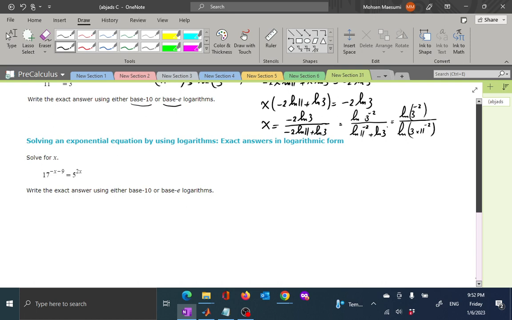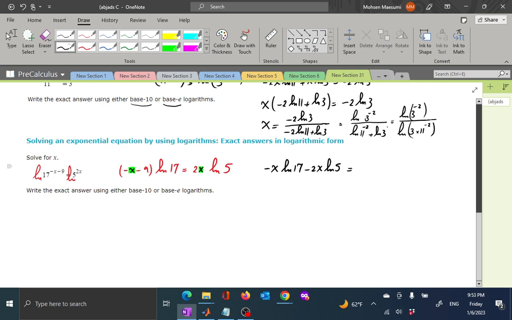How about here? Same idea. Just apply logarithm. It doesn't matter, logarithm base 10 or base e. We'll have minus x minus 9. So we'll be taking logarithm of both sides. So minus x minus 9 logarithm of 17 is equal to 2x logarithm of 5. Same idea again, focus on x's. Expressions involving x should come to one side. So here I have minus x logarithm of 17 and minus 2x logarithm of 5.